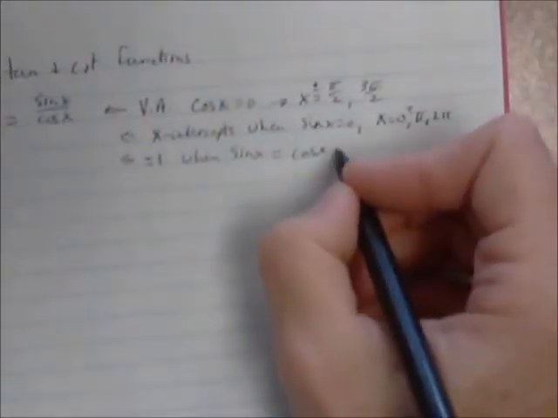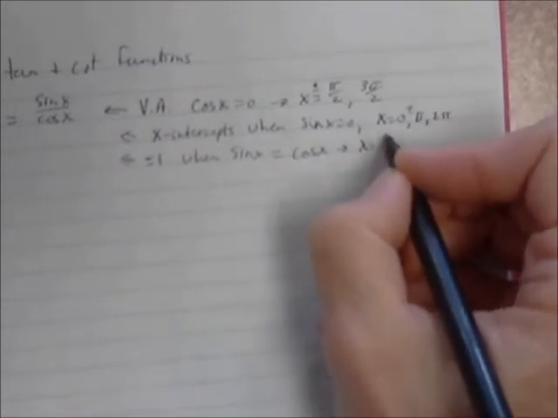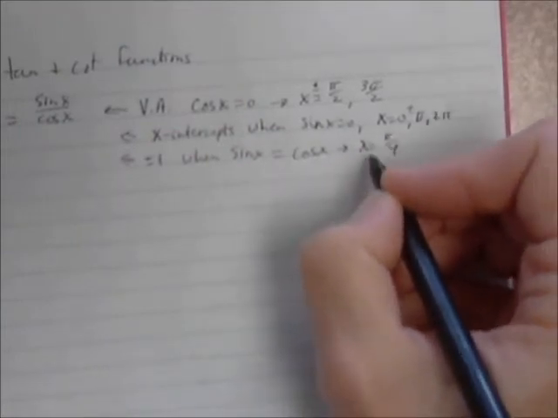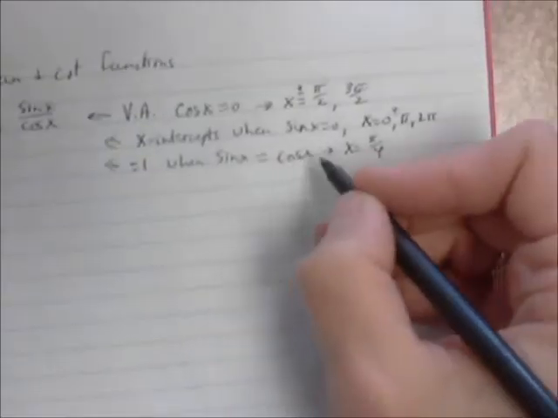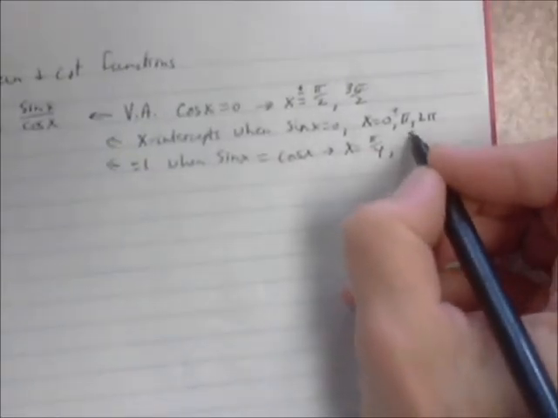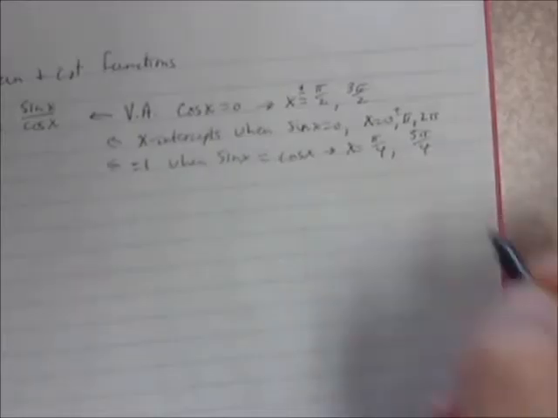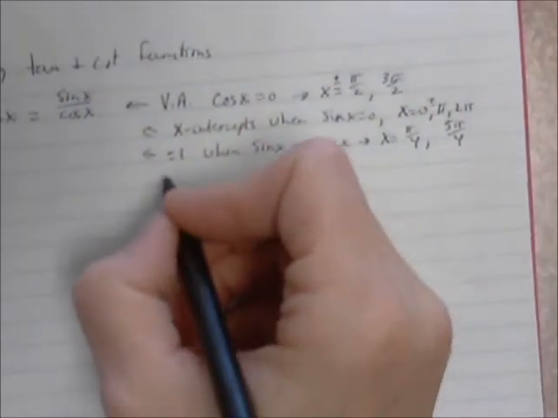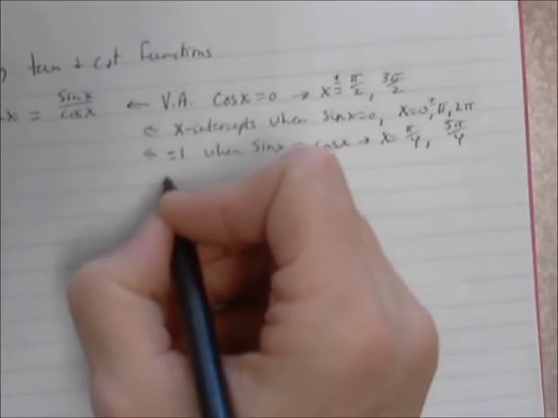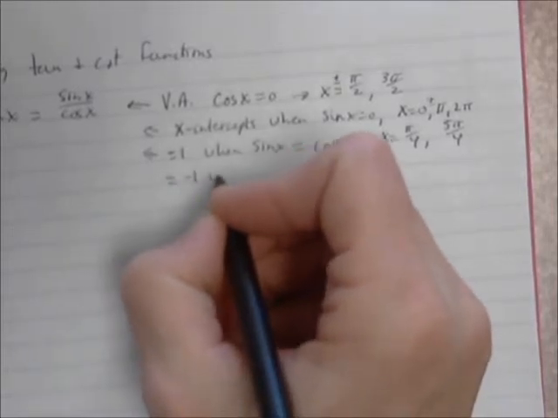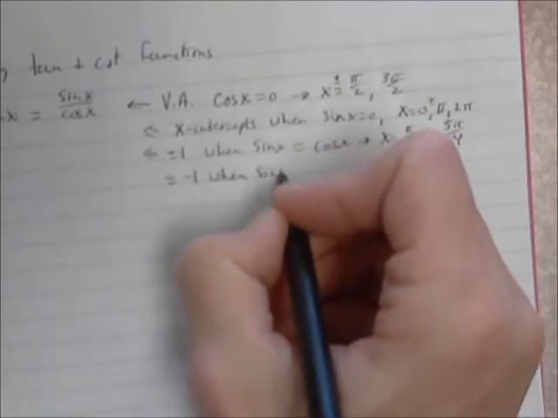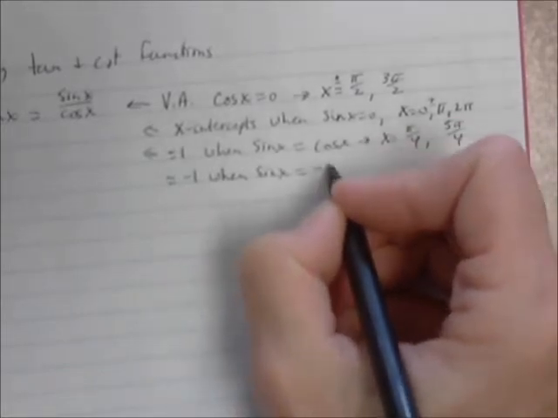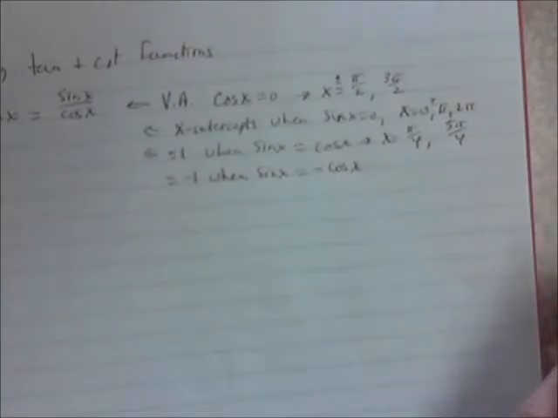And that happens at x equals pi over 4, because that would be the square root of 2 over 2 for both of those values, and 5 pi over 4, which is negative square root of 2 over 2. So that's where it's equal to positive 1, and the tangent is equal to negative 1 when sine of x is equal to the negative cosine of x.